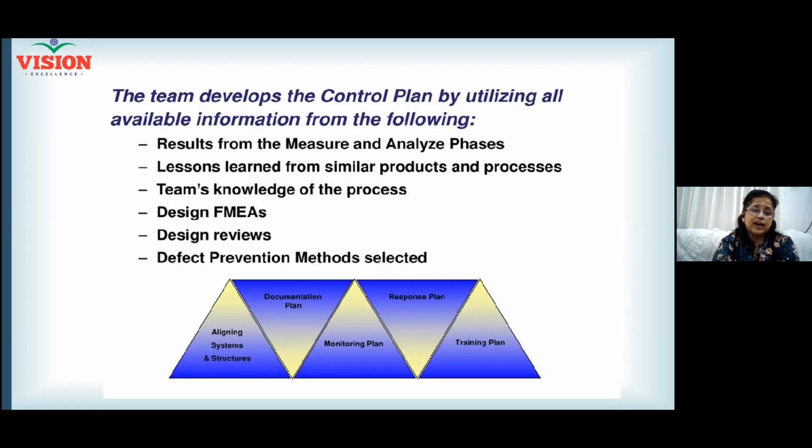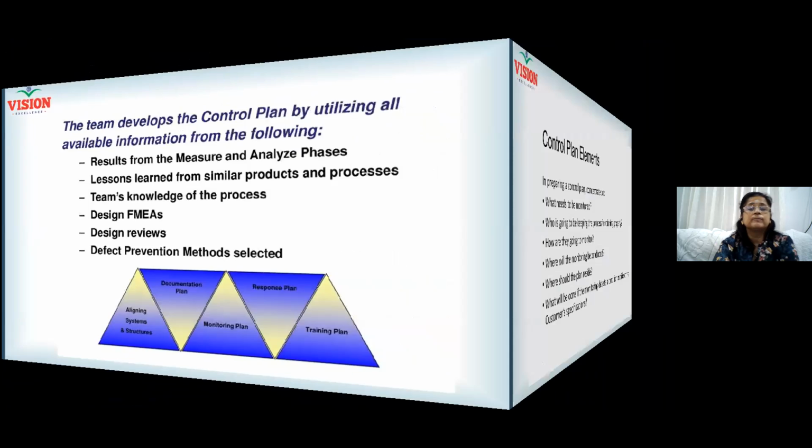You may have control charts for reference, weekly control charts or weekly review meetings with checklists, to check that this is properly done and there is no defect happening in your new process. So what are the various defect prevention methods that have been selected? The control plan gives you a very good storyboarding on it.